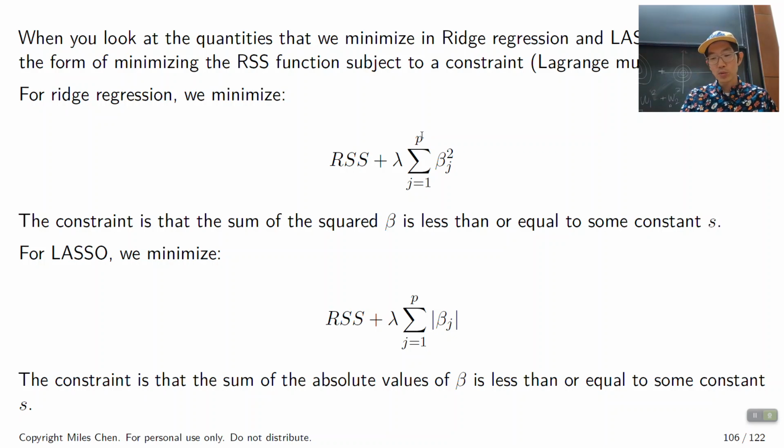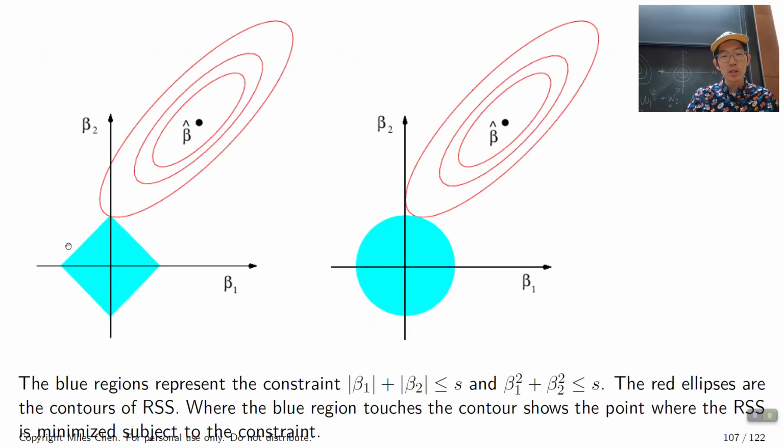Okay. And so if you think of it that way, the constraint for lasso is basically these concentric diamonds. For ridge, the constraint is that your beta terms have to fit these circles here. This is a diagram that comes from our textbook.